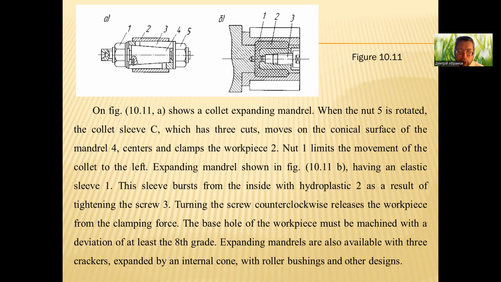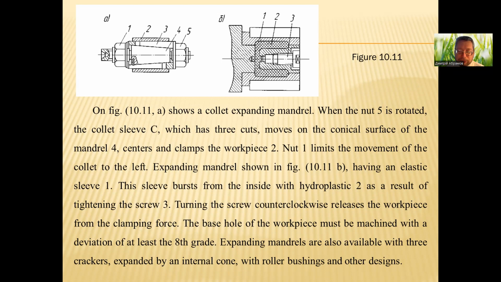The expanding mandrel shown in figure 10.11b has an elastic sleeve 1. This sleeve bursts from the inside with hydroplastic 2 as a result of tightening the screw 3. Turning the screw counterclockwise releases the workpiece from the clamping force.